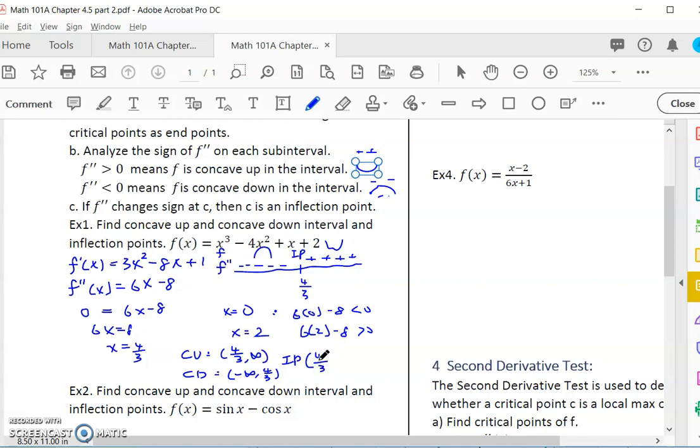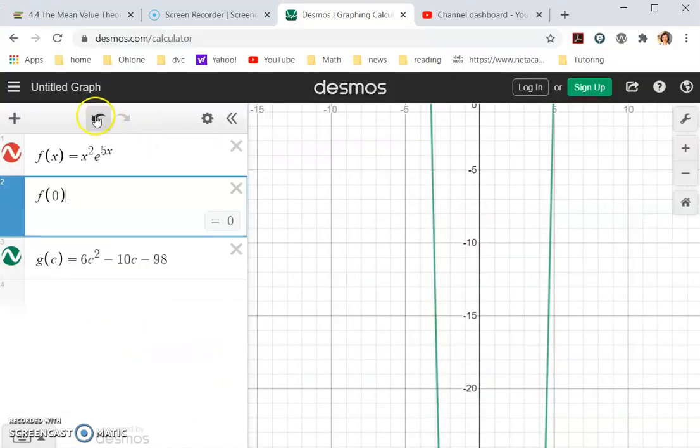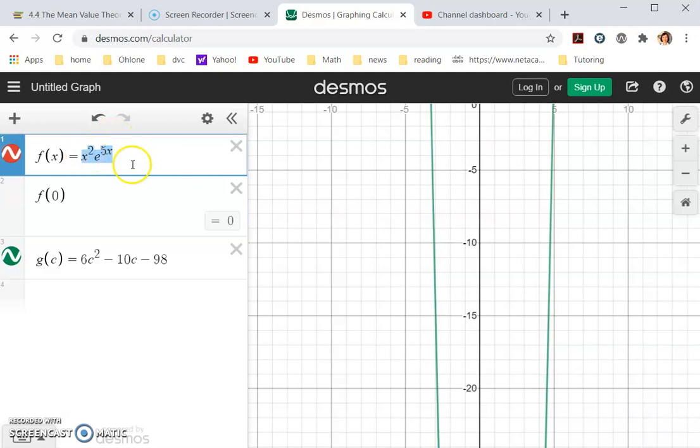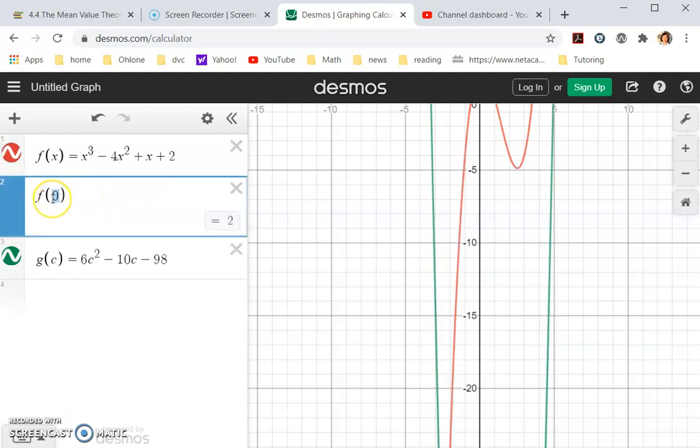Y is what? I don't know. I have to put it in. Write down what the formula is: x cubed minus 4x squared plus x plus 2. I'm just going to use decimals to do it. We can also use decimals to verify that we did something correctly.